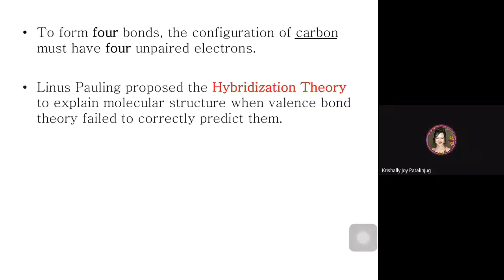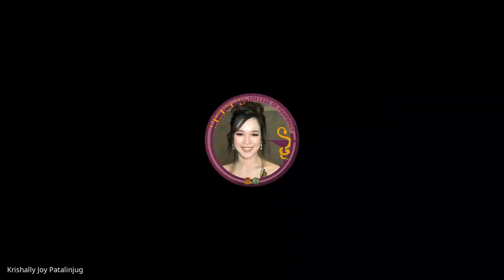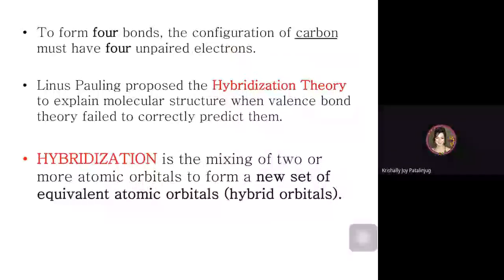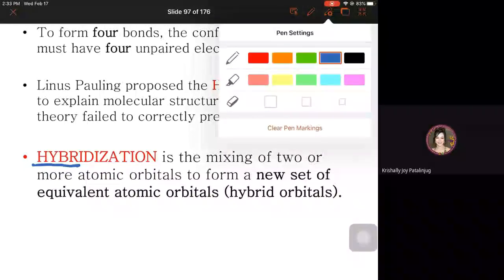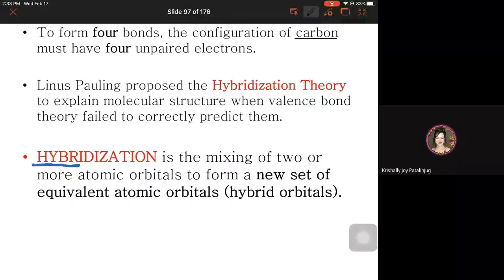Alright? So, good thing we have Linus Pauling, who proposed the hybridization theory. This theory helps explain molecular structure when valence bond theory failed to correctly predict their existence. So, when we say hybridization, hybrid, di ba? Pag sinabing hybrid, it is synonymous to the term combination.